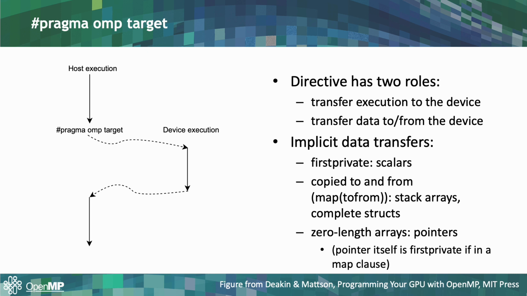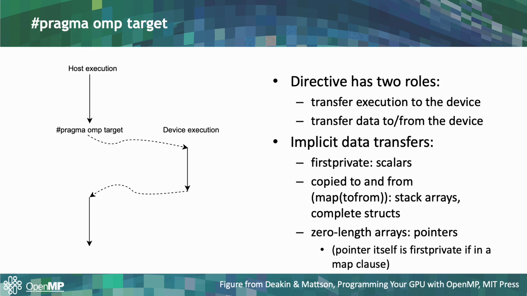Things like stack arrays and structs, where the compiler can figure out how big they are at the beginning of the target task, as that target structure block is encountered, then the data is copied to the device and it's available, a bit like shared memory, in the global memory on the device, available for all the threads on the device to access that single copy that's now in existence in the device memory space.